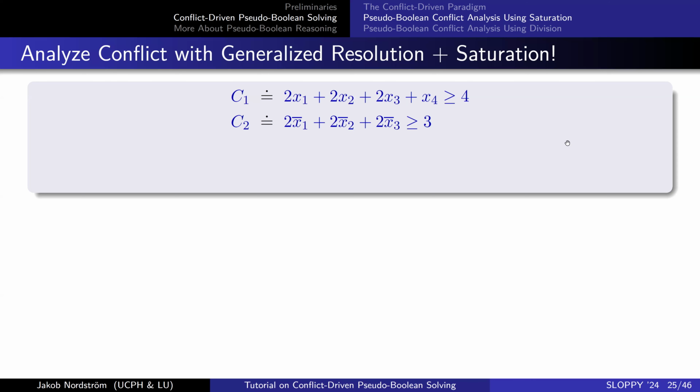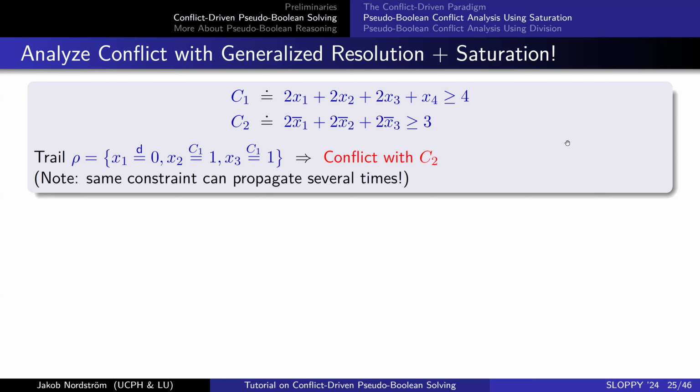Let's see what happens. Our solver starts by setting x1 to false, because why not? And now once you set x1 to false, for constraint C1, you do the slack calculation. First, the slack of C1 is 7 minus 4, that's 3. But then when you set x1 to false, the slack goes down from 3 to 1.